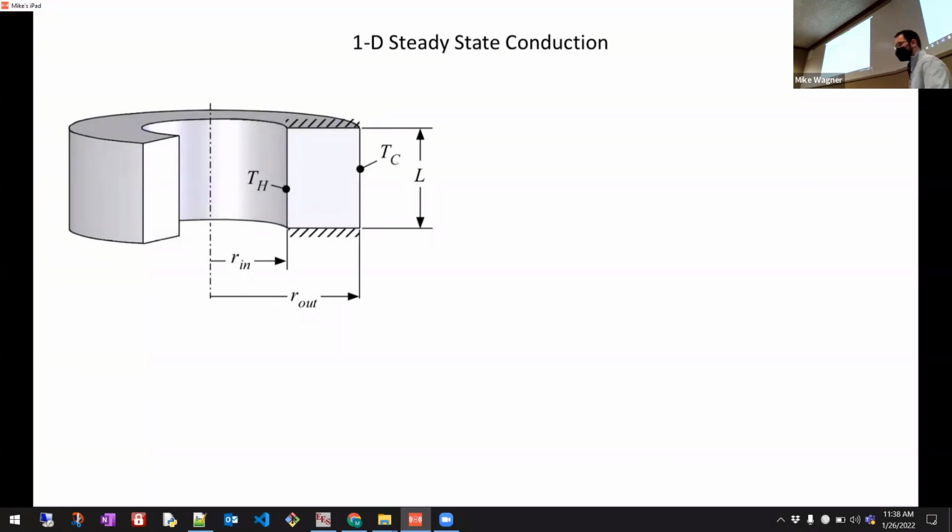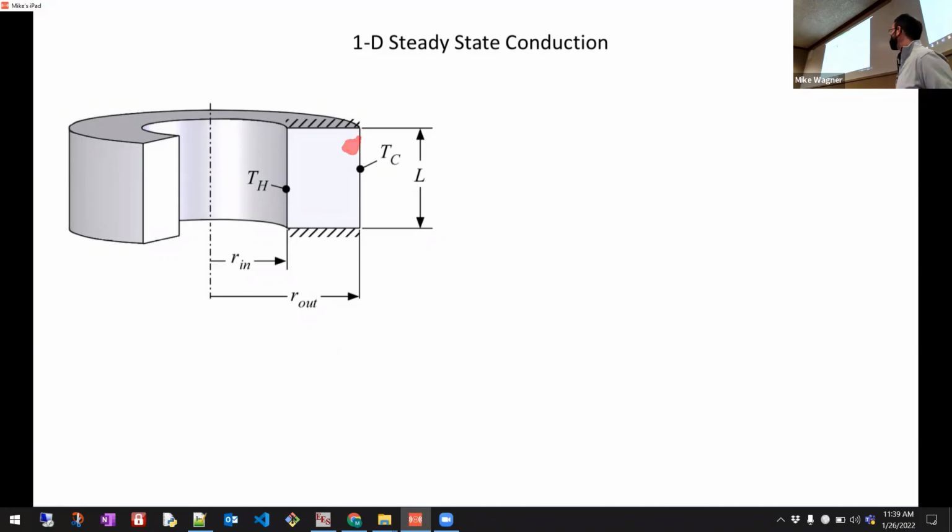Okay, so 1D steady state conduction. What do we first of all mean? There's all these qualifiers. We've got conduction, we've got 1D, steady state. So what do these things mean? Well, if we have a problem like this, let's say, just use my laser. If I pick a temperature here, there's a coordinate r, theta, and z.